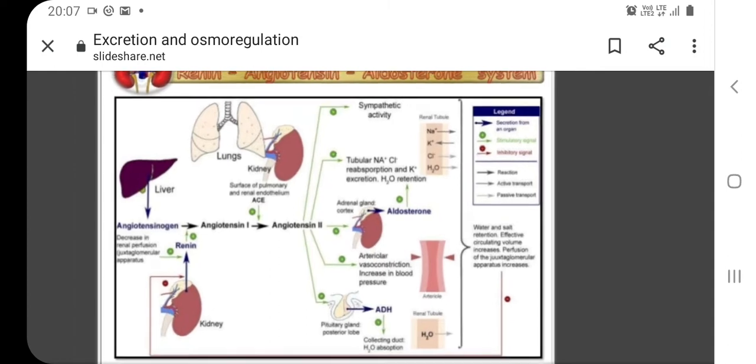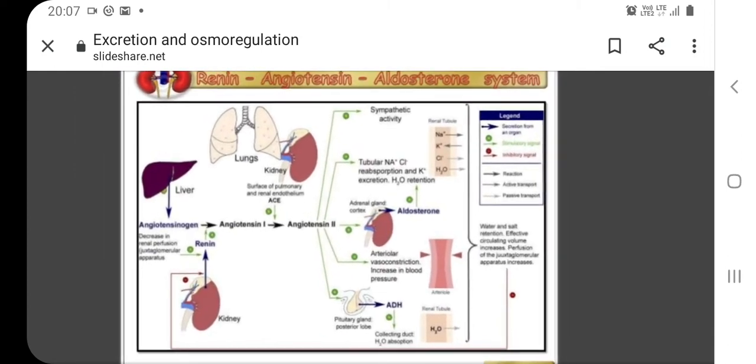In the previous lecture, I have told you about the various hormones that are involved in osmoregulation, that is, in helping to conserve water and salts in the biological system. Another important hormone that I have mentioned earlier was the antidiuretic hormone, also known as vasopressin.